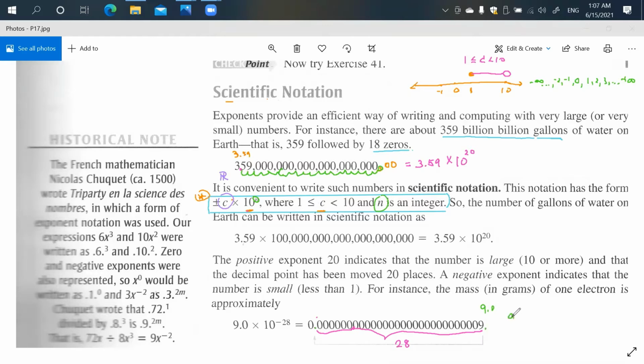After this, you have 9.0 times base 10, don't forget, power 28, because we counted 28 digits. But because we counted backwards, you must have a negative in front. That's the way to make it fast to count and get the scientific notation pattern.